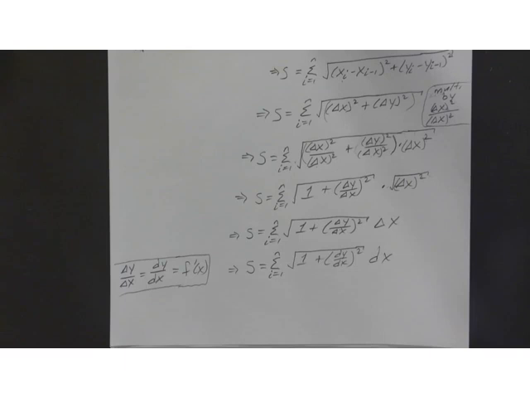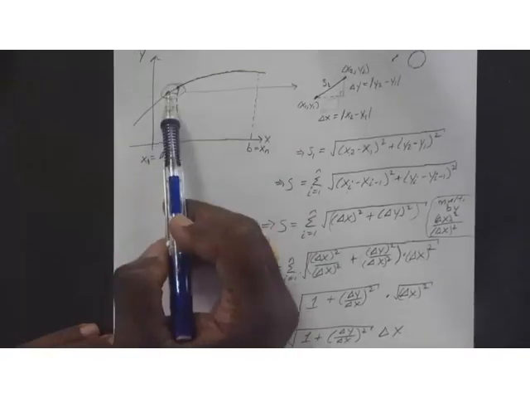Because we know we can get a more accurate arc length if the distance between the two points is really, really close together.